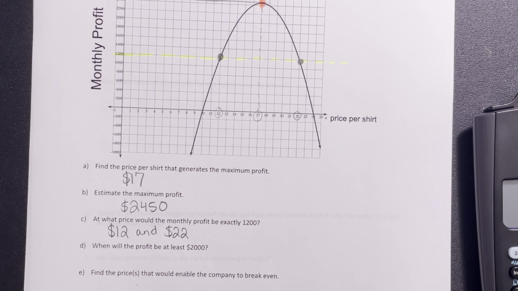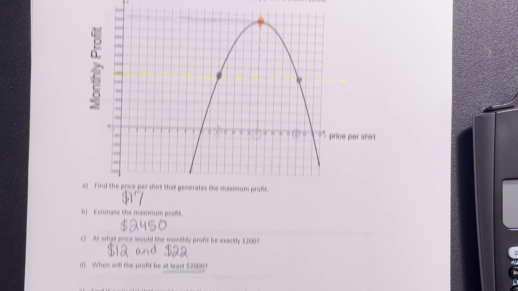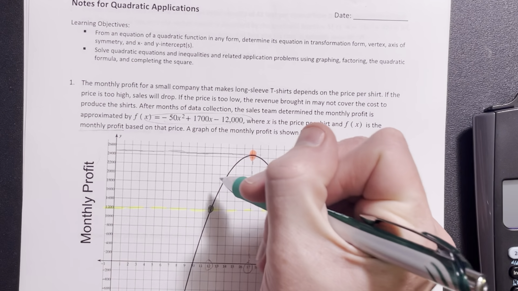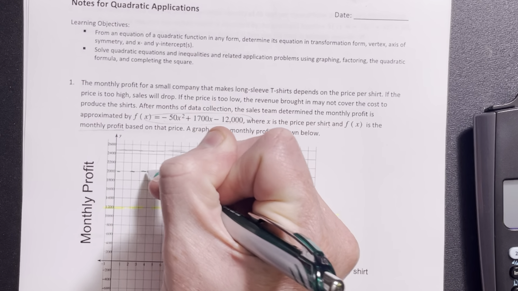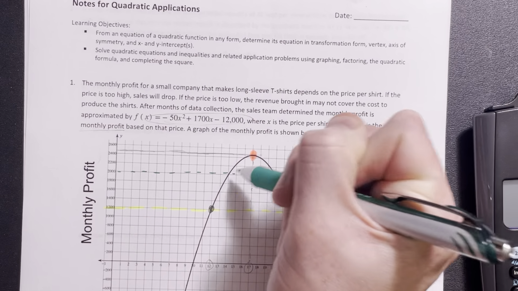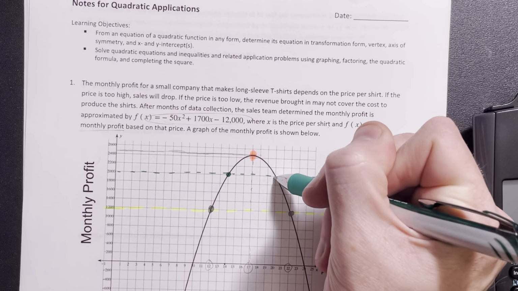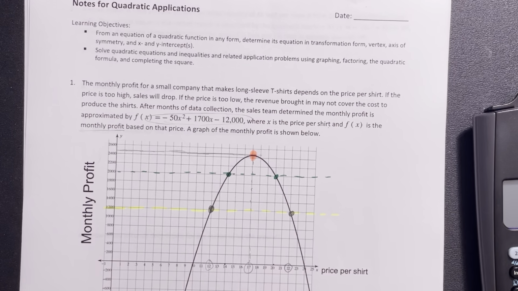For D, we're looking at when the profit will be at least 2,000. The at least means 2,000 or more, and we can see when it hits exactly 2,000. This hits exactly 2,000 at 14 and at 20.